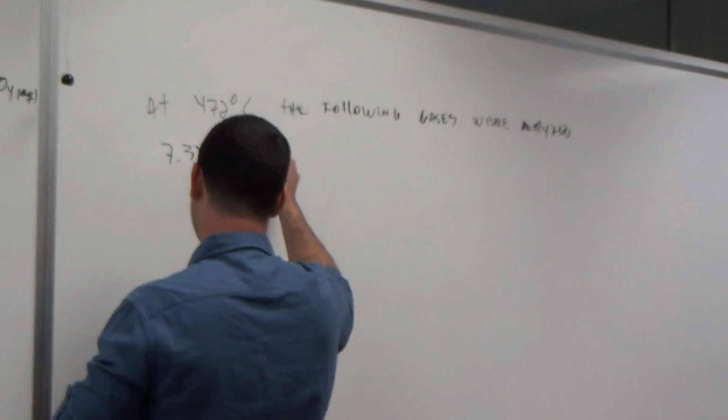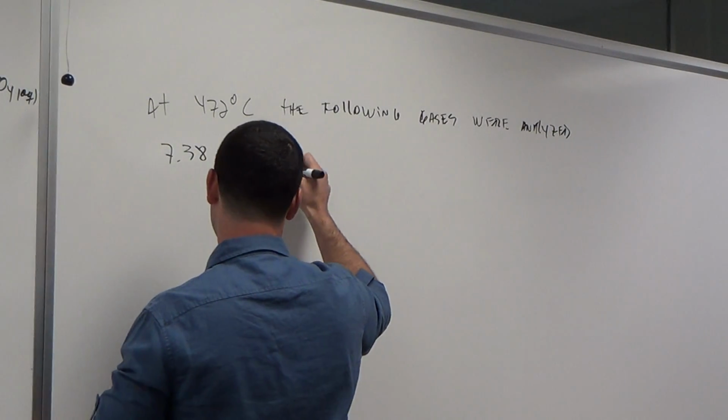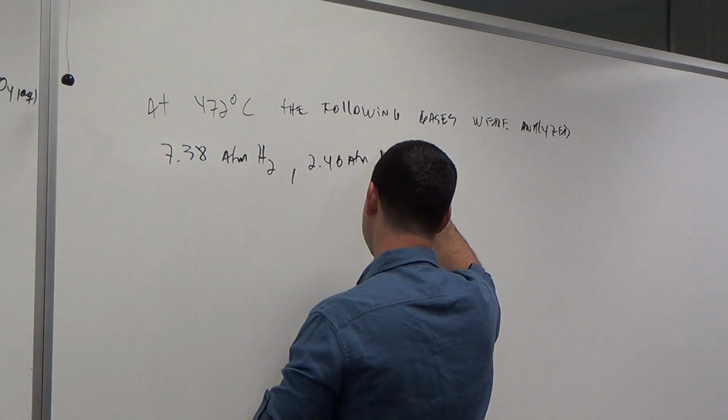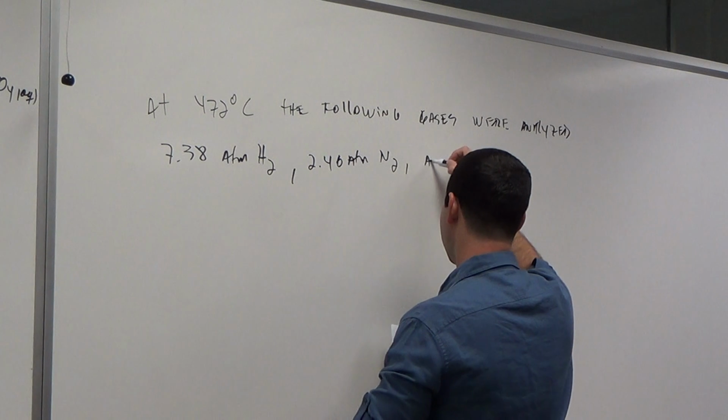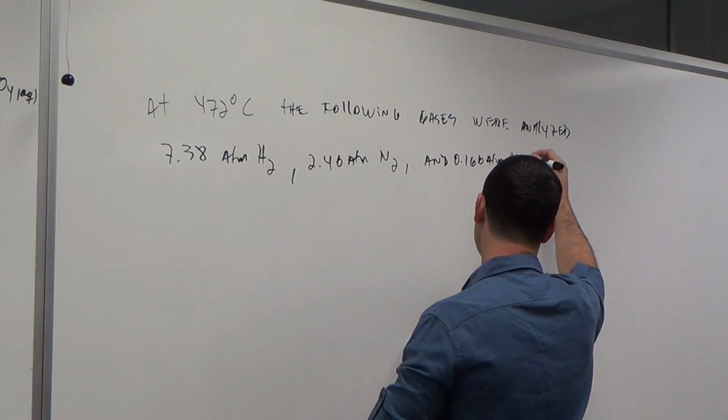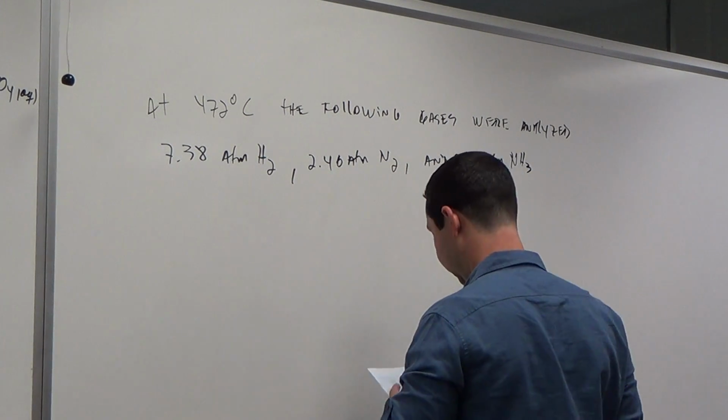7.38 ATMs for H2, 2.46 ATMs N2, and 0.166 ATMs NH3.